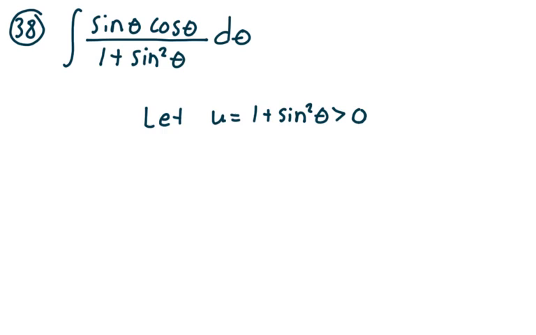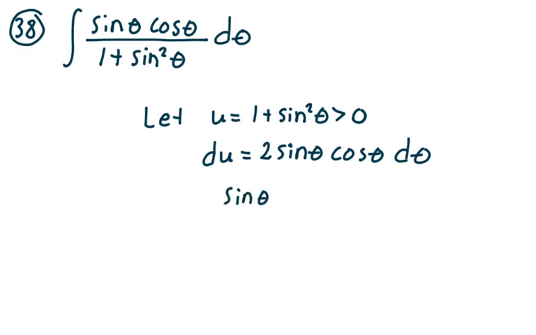That's going to come up in a minute. du is 2 sine theta times cosine theta d theta. Do not call that sine 2 theta, okay? We need to leave that alone. So I'm going to solve for sine theta cosine theta d theta. So thetas and d thetas on one side, everything else on the other side.